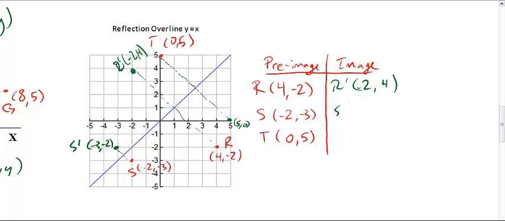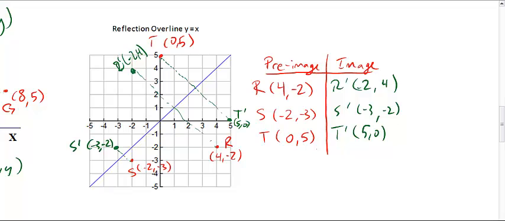S prime is at (-3, -2). And T prime is at (5, 0).